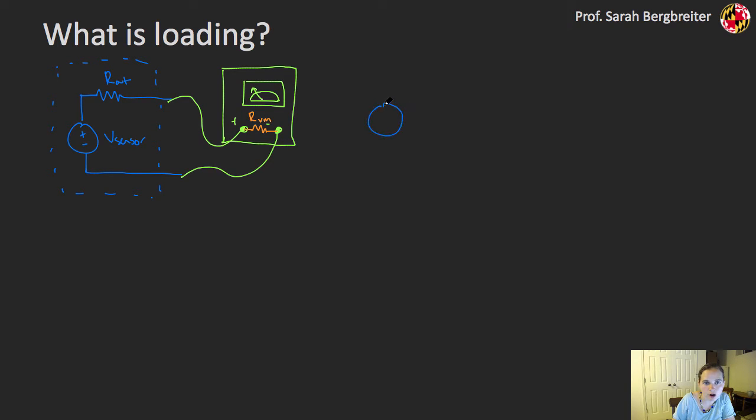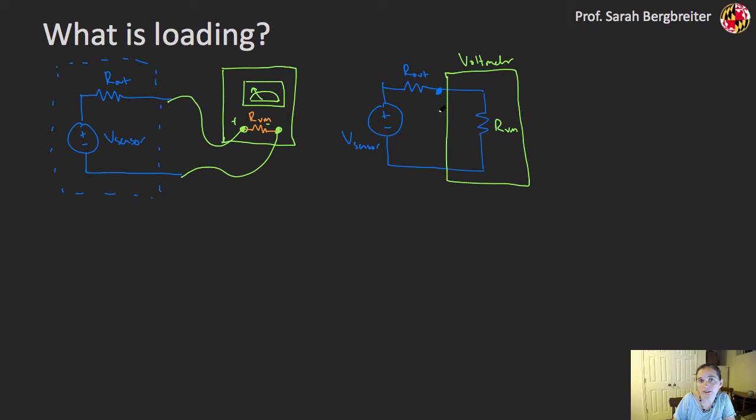So I can redraw this circuit like this. And ideally, I'd like to be measuring V sensor when I measure this sensor over here, right? That's the voltage that I expect to get out of this sensor. But in fact, what I've done by hooking up this non-ideal voltmeter to the circuit is I've created a voltage divider here. So this is the new output that I'm actually measuring.